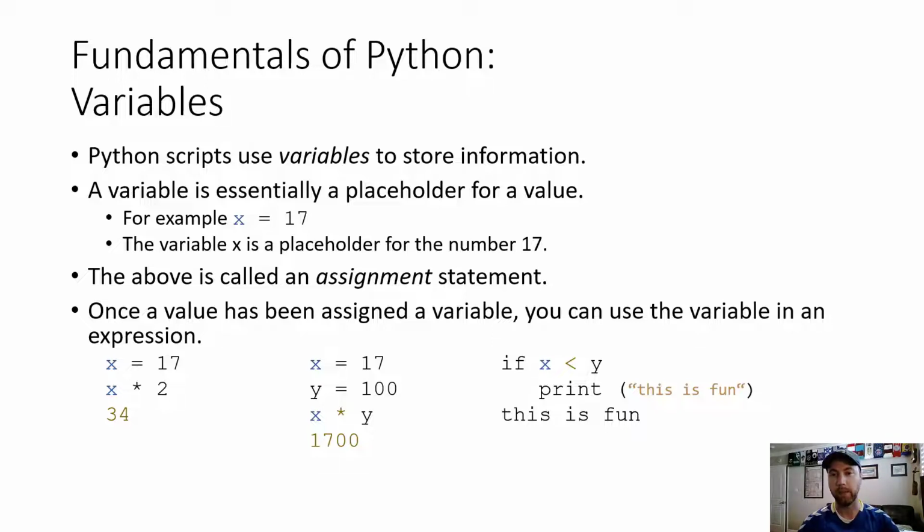And finally, we have a conditional statement, an if-then statement, which we'll get into a little bit more in a second. If x is less than y, print this is fun. So in this case, we know that x equals 17, y equals 100. So if 17 is less than 100, which it is, print this is fun. And this is fun is a text string. And so you hit enter in our Python window, and we see the words this is fun are printed.